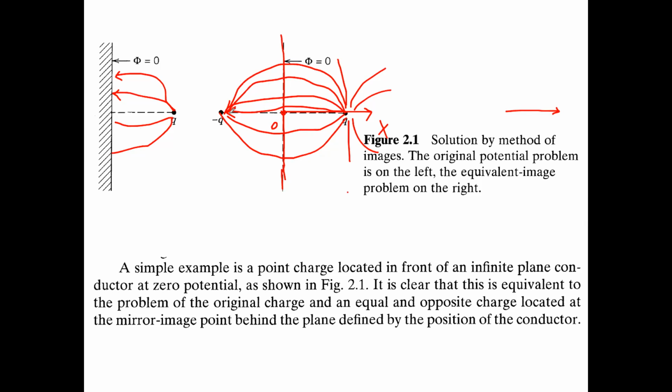And field lines is non-zero, it's going to the left. So using this method, you can successfully calculate the potential, field lines, everything the same as the original question, but on one side, in this case, on the right side of the conductor. On the left side, it's completely different.